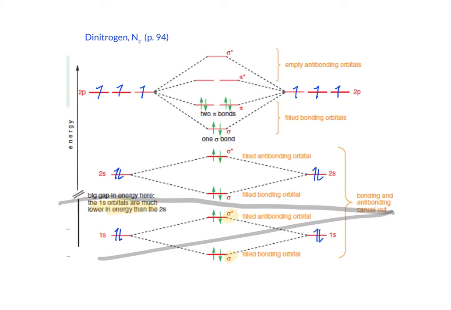For the 2s orbital mixing, we also have sigma and sigma star orbitals, which cancel each other out. The sigma bond of dinitrogen comes from mixing 2 of the p orbitals along one axis to give a sigma bond.